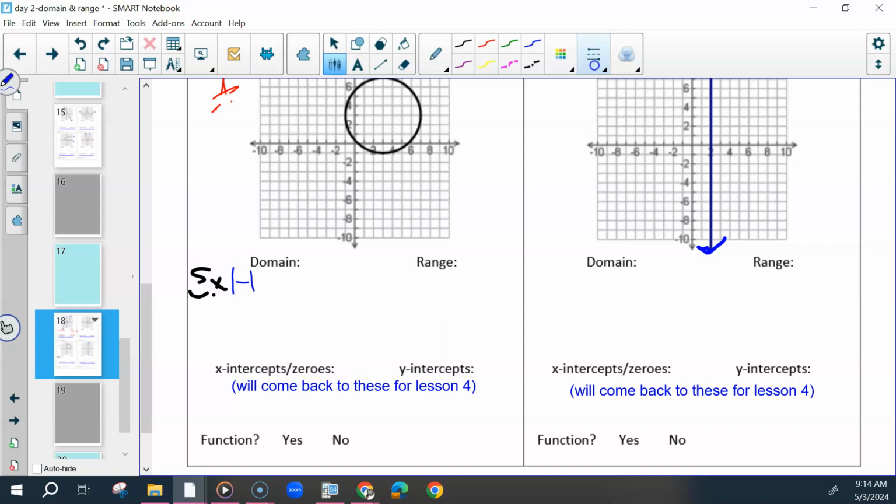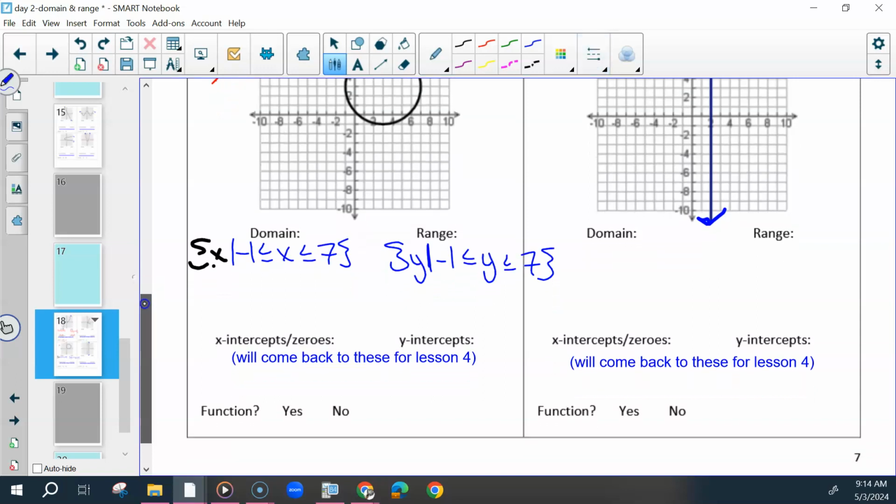It's -1 less than or equal to x is less than or equal to 7. So bracket range, less than or equal to y is less than or equal to 7. Most of the time, if you see circles, the points will be the same, but it depends on where the circle is located, because they could not be.